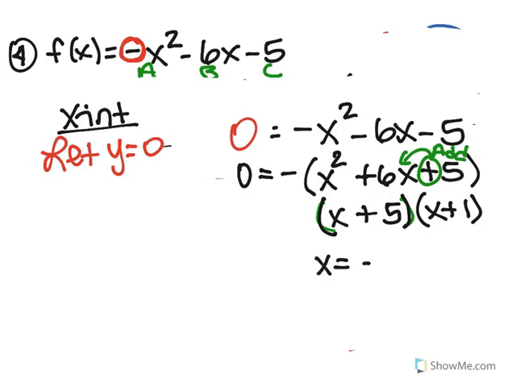We know it's going to cross at -5 and -1 because you're going to set each parenthesis to 0. Disregard that negative. That negative has no effect on what's inside the parenthesis. You just strictly take the opposite. So we know that's our x-intercepts, -5 and -1.